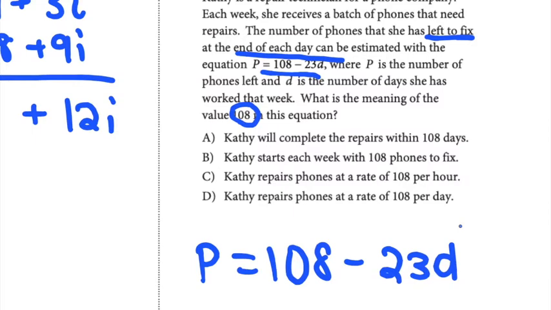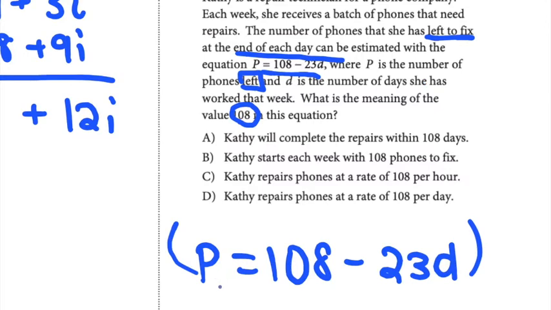P is the total number of phones left that she has to repair, and at the end of each day, the number of phones can be approximated based on this equation. D is the number of days, and P is the total number of phones she has left.